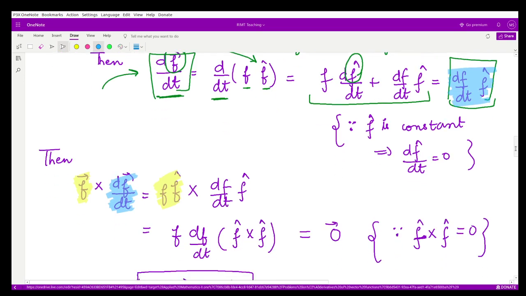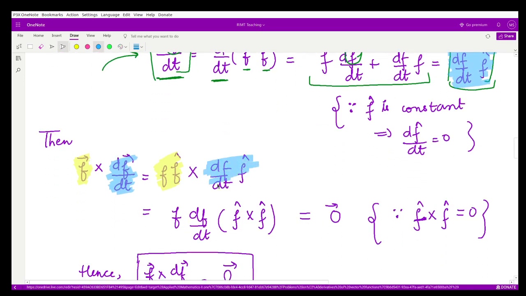Now here when you take the cross product, you take it according to this direction. Because this is a magnitude and this is also a magnitude, they can be taken outside. So this is what I have written, and then you are left with f cap vector crossed with f cap vector. Now this quantity is equal to 0. Why? Because when you take the cross product of the same vector, you obtain 0.